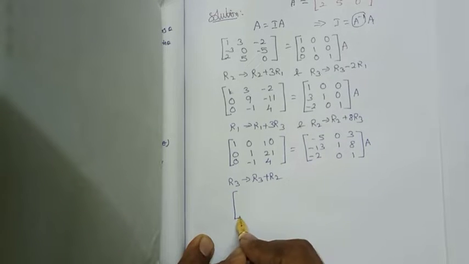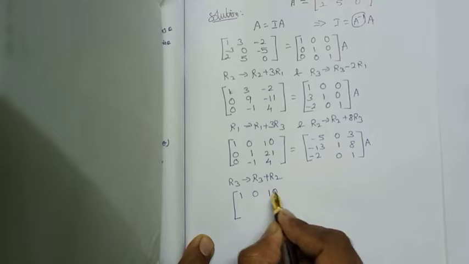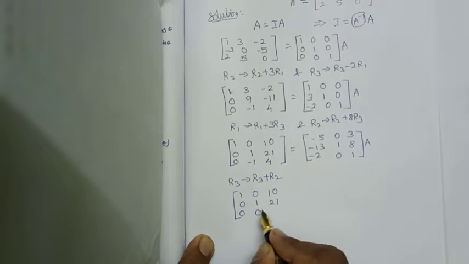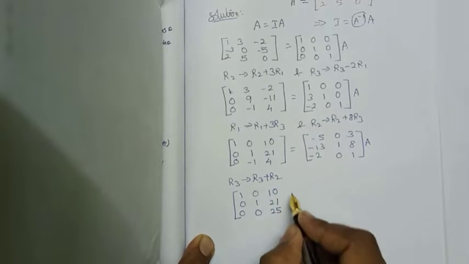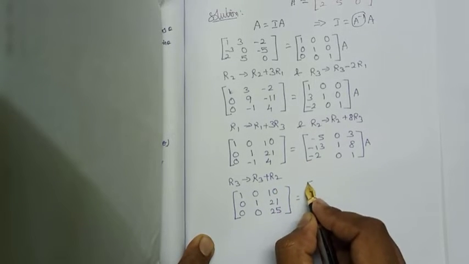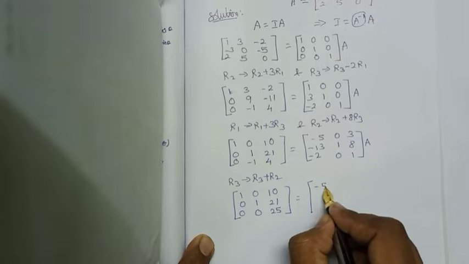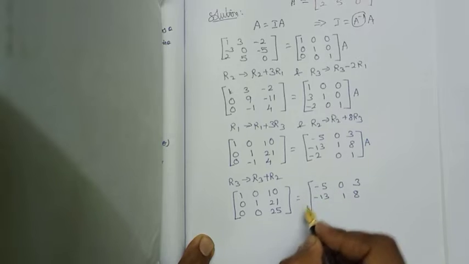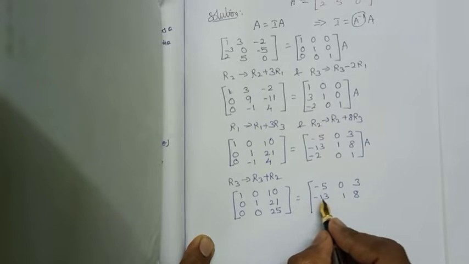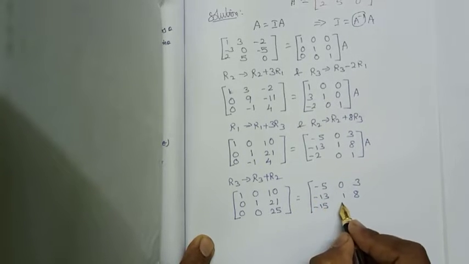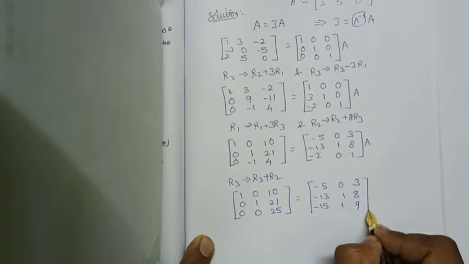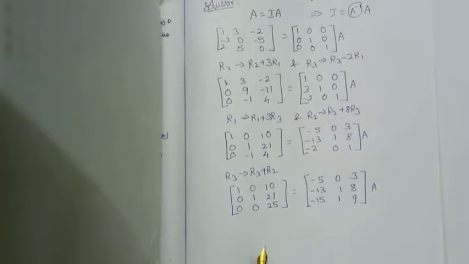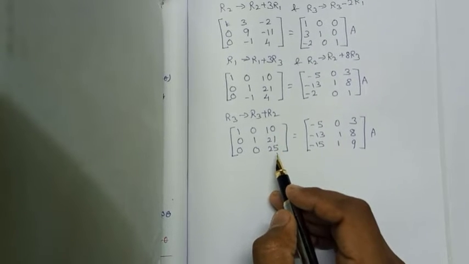Now proceeding, 1, 0, 10, 0, 1, 21. We get 0, 0, 21 plus 4, 25. And this side we get minus 5, 0, 3, minus 13, 1, 8, and this row minus 15, 1, 9 into A. Next, in the third column we convert this to 0, 0, 1.